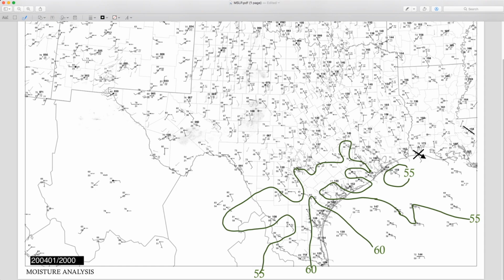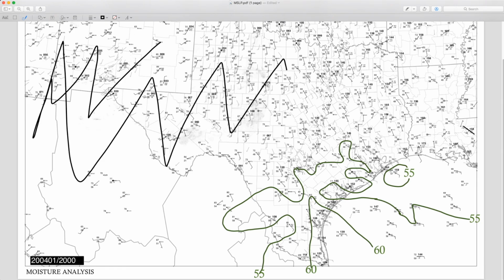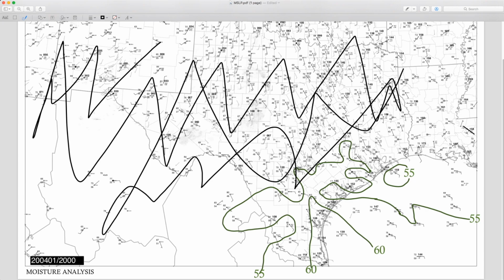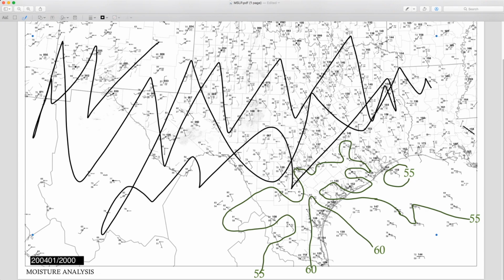Very easy, right? This map was very easy. But I'm going to do a different example, I think, because this map doesn't really fit the narrative I'm trying to get. But basically what you can see is that all of this area is below 55 dew point. Okay, so it means it's really dry. Probably would not get any severe weather in this area.